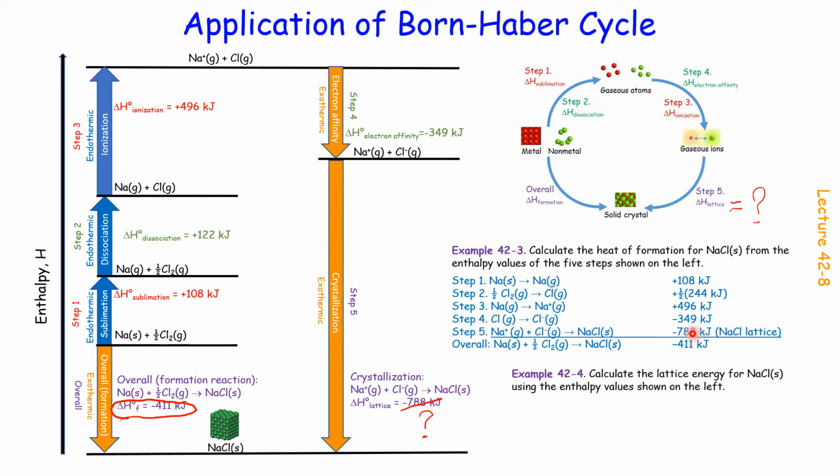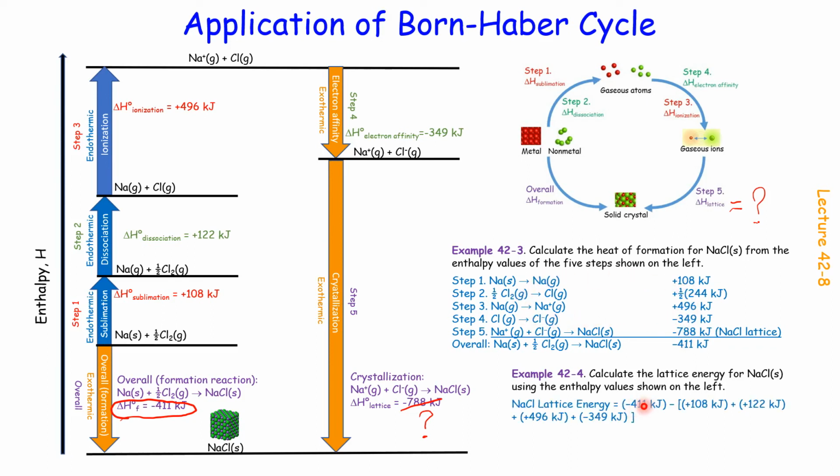Then what do we do? We use this value, that's the ΔH for the overall reaction, or the ΔH of formation, subtracted by the sum of the first 4 steps.